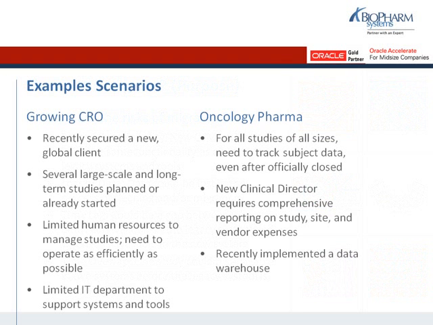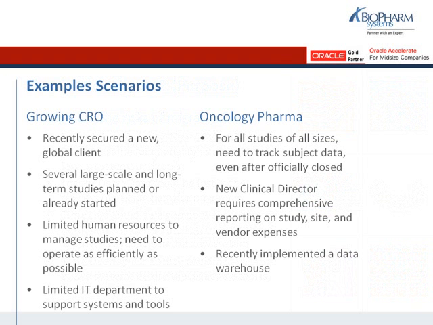So with this example, we have a growing CRO who has large-scale studies planned or already started. They have limited resources to manage these studies and limited IT resources to manage the systems and tools.